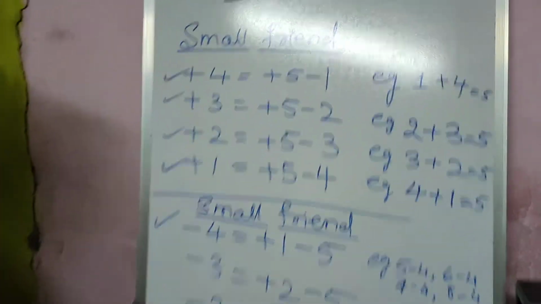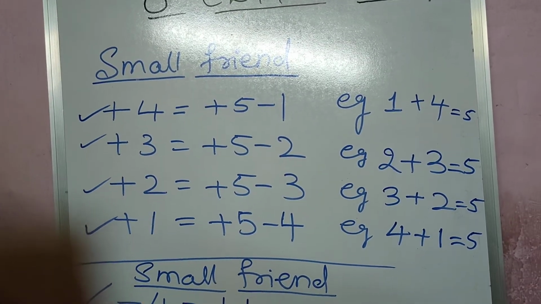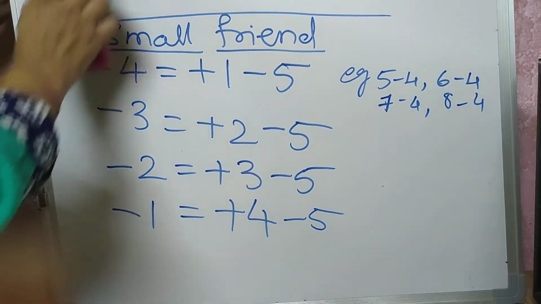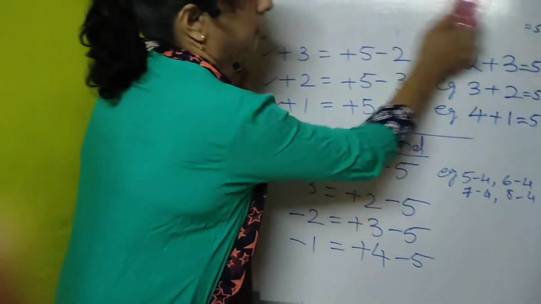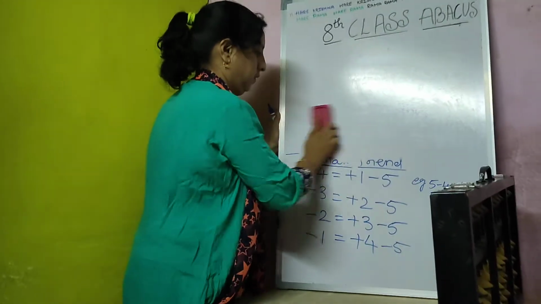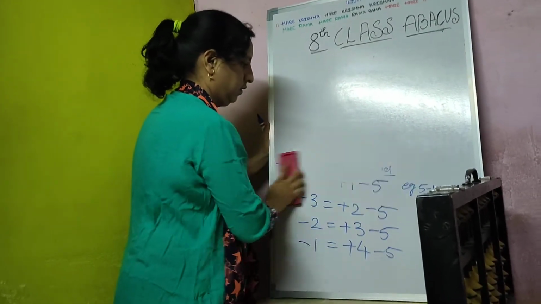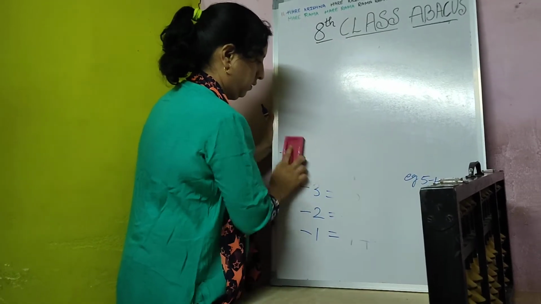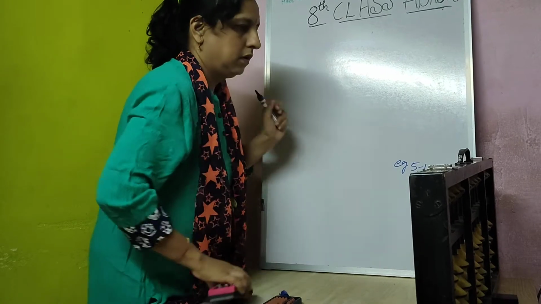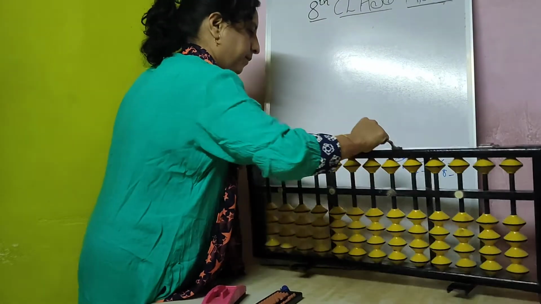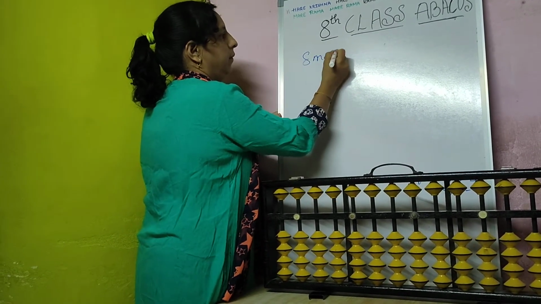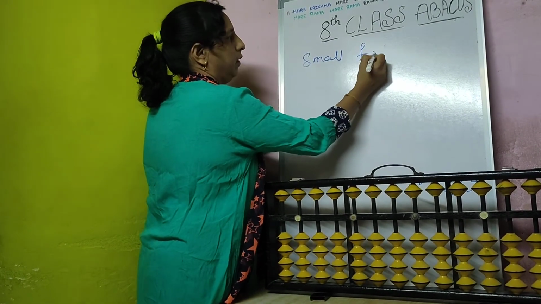So I will rub this and take this, because I have to keep the abacus here. Okay. So, minus small friend.